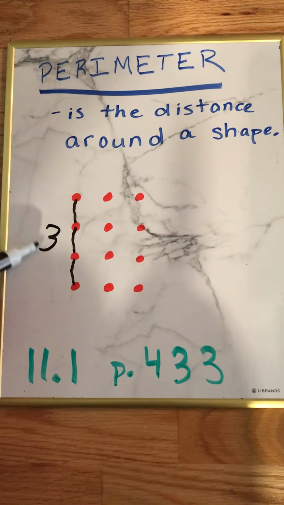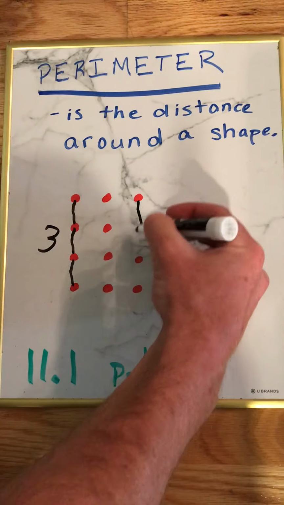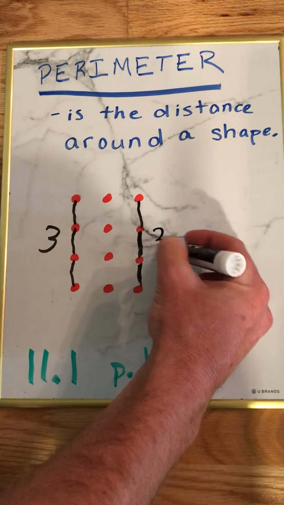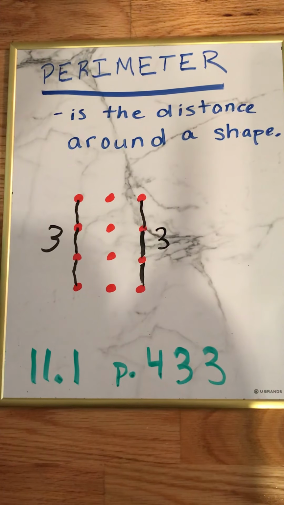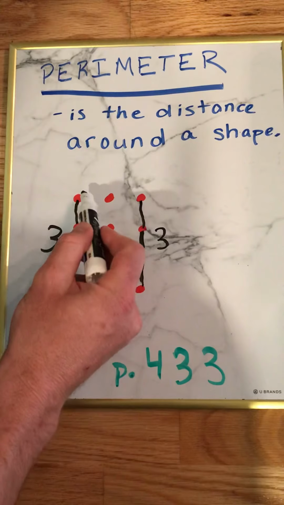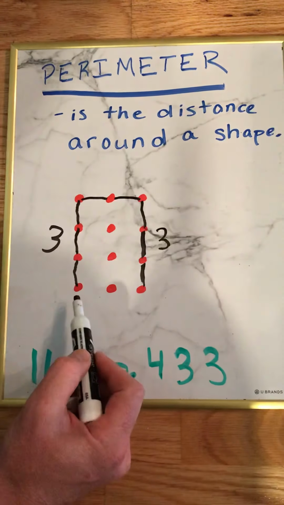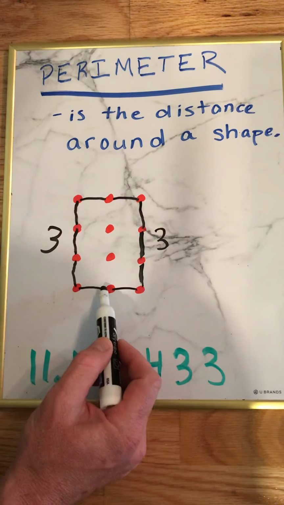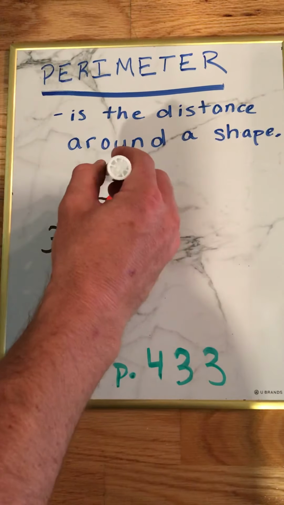So we have 3 on this side, and we'll do it on this side as well: 1, 2, 3. So we have 3 and 3. Then remember, it says they need 2 on the other 2 sides. So we connect 1, we connect 2, we connect 1, we connect 2. So there you go. We have our rectangle, and we know what the dimensions are.